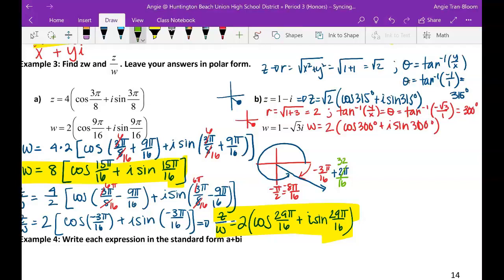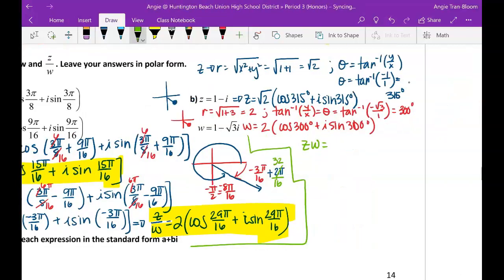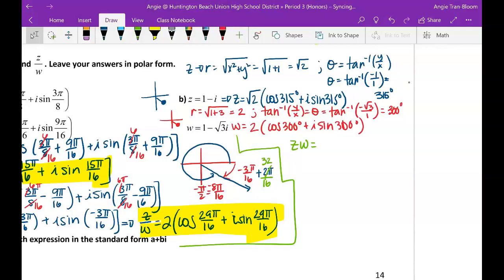So now I will attempt to find the multiplication of z times w. To do that, I will multiply the radii. Radii is really the correct term. So rad 2 times 2 is 2 rad 2. In multiplication, I will add my angles. So cosine of 315 plus 300, and plus i sine, same thing, 315 plus 300.